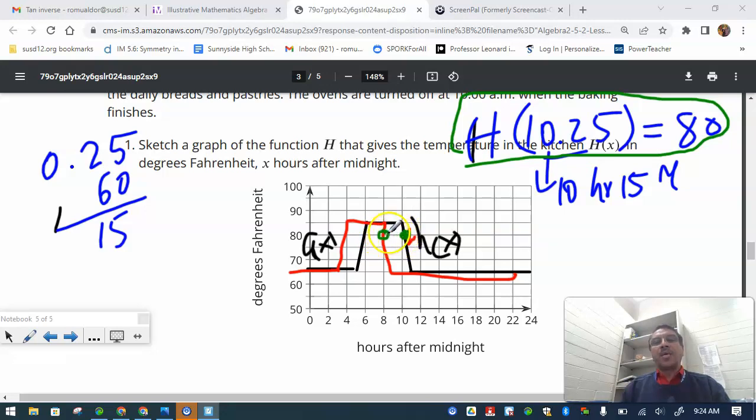So this point, whatever is at 10.25 for h, for g will be at 10 hours 15 minutes minus 2 hours, which is 8.25. So you take away 2 from 10. This is 8.25, so that means exactly 8 hours and 15 minutes.